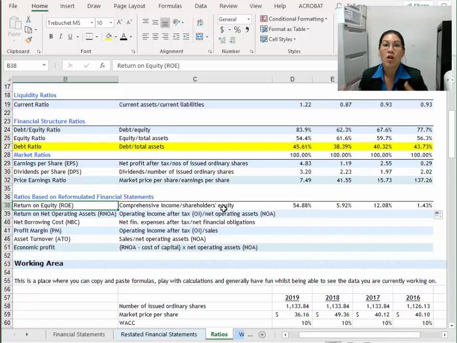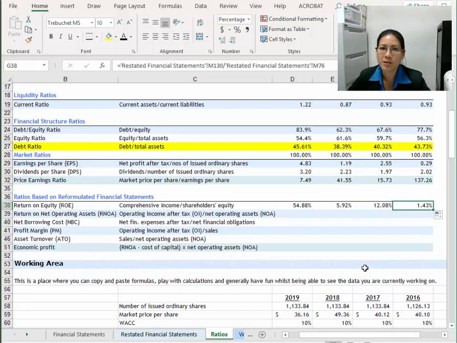So you want a higher return if you're going to put your money in a company. So if I got 1.43% as a return, that's pretty low. Why would you, for more risk? It's increasing to 12%. I'd be pretty happy with a 12% return. 5.92, not too bad. A fairly average return. If I got 54.88%, I'd be putting all my money in.